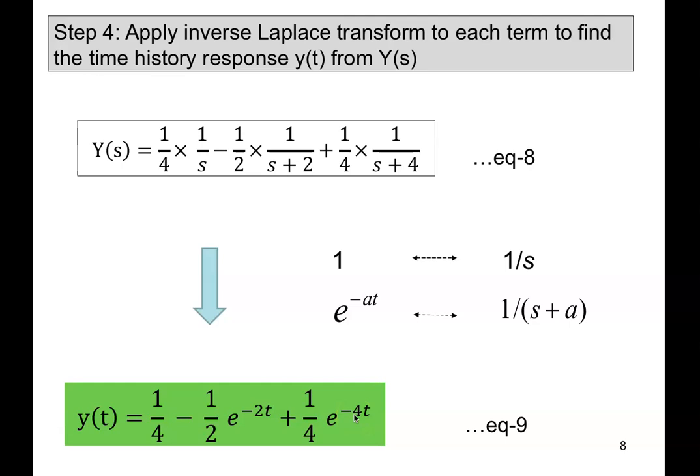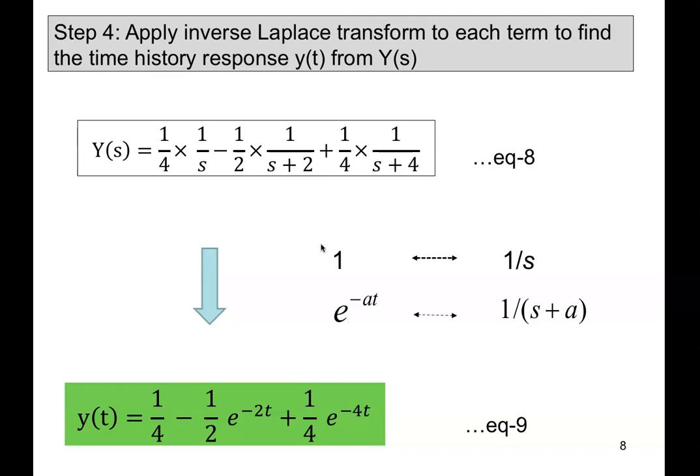So 4 individual steps, if I may, just to recap. Step number 1, find the Laplace transform of the input. Input in this case is 1, so the Laplace transform is 1 over s. It may not be, but we have a lookup table to help us with that.